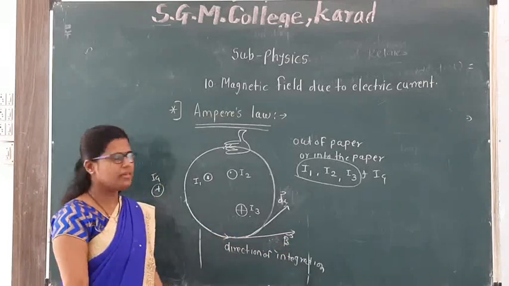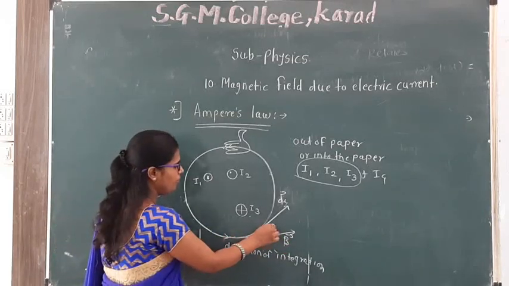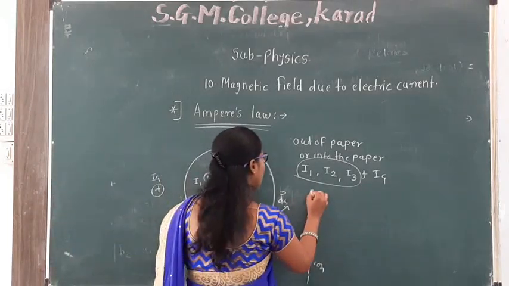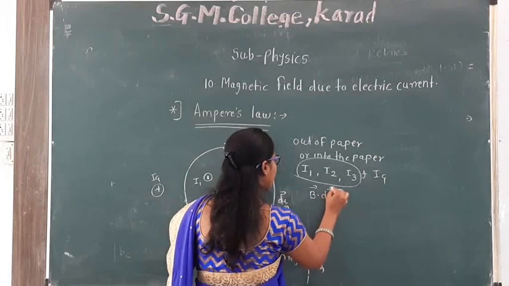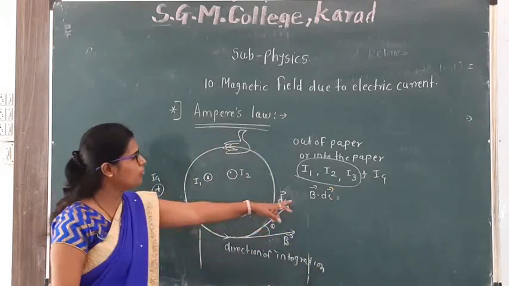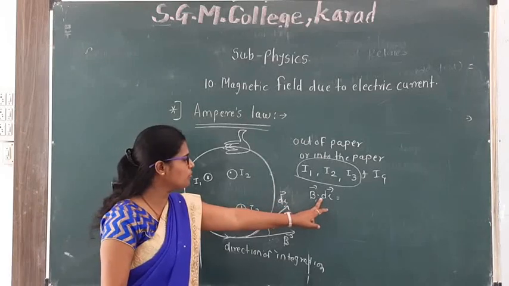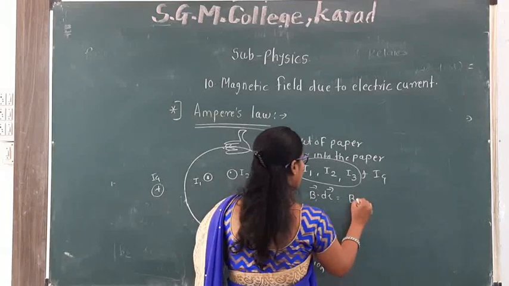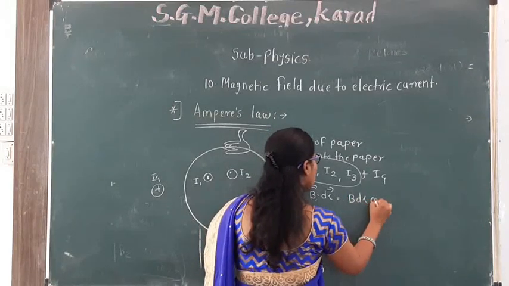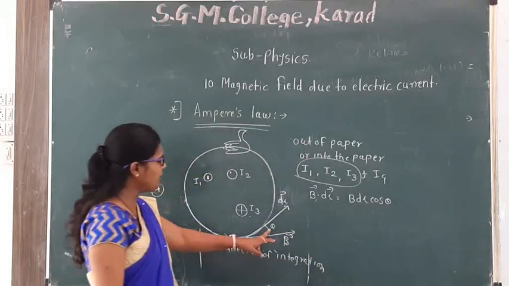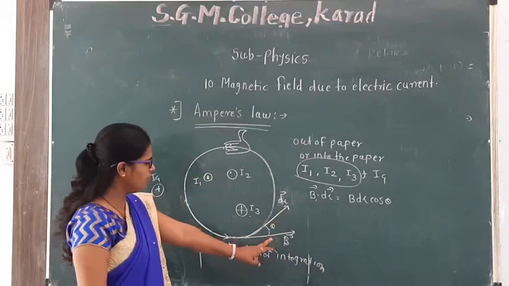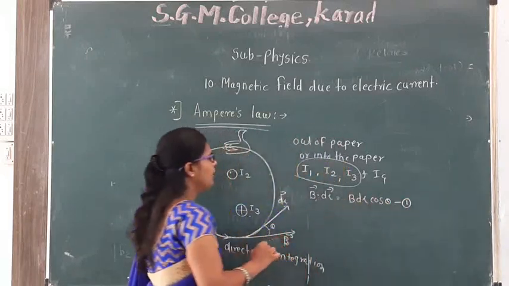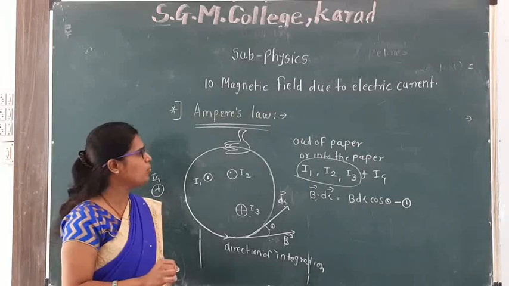Now they make an angle theta between the two. The equation we can write is vector B dot vector dl. This is the scalar product of two vectors, so we can write B dl cos theta, where theta is the angle made here. So vector B dot vector dl is equal to B dl cos theta.